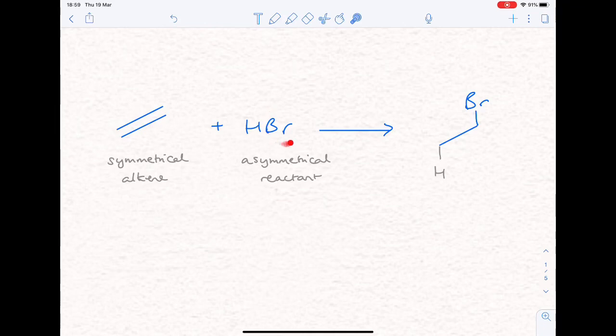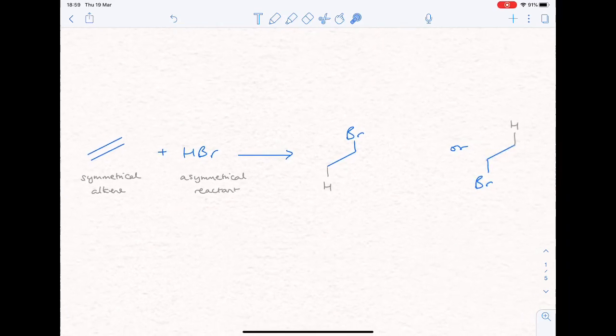Or we can have the bromine on this carbon and the hydrogen on the other carbon, and we get the alternative product here. But these two are actually identical, just the same as this rotating in space. So with any symmetrical alkene, we only get one possible product in an addition reaction.